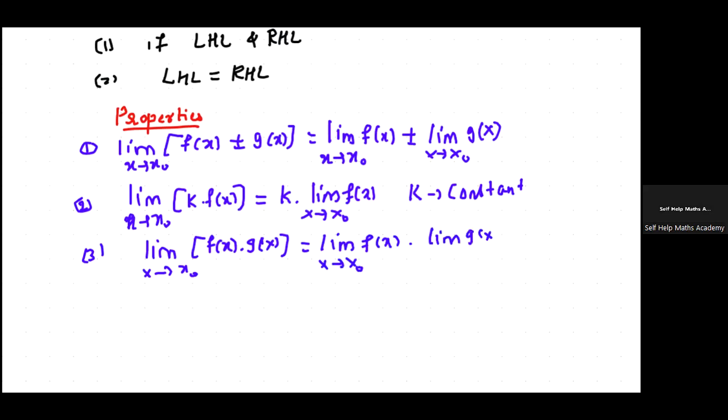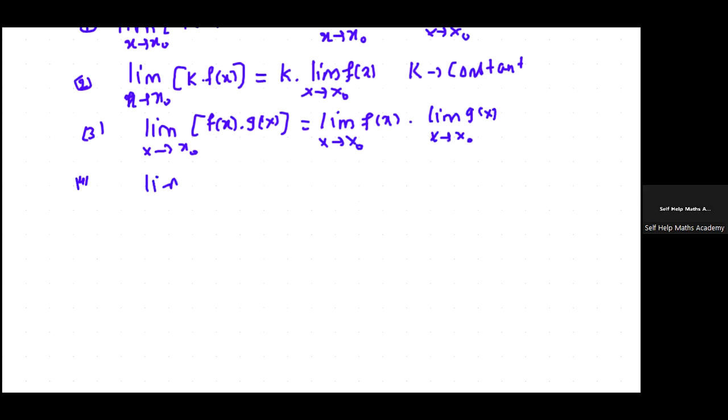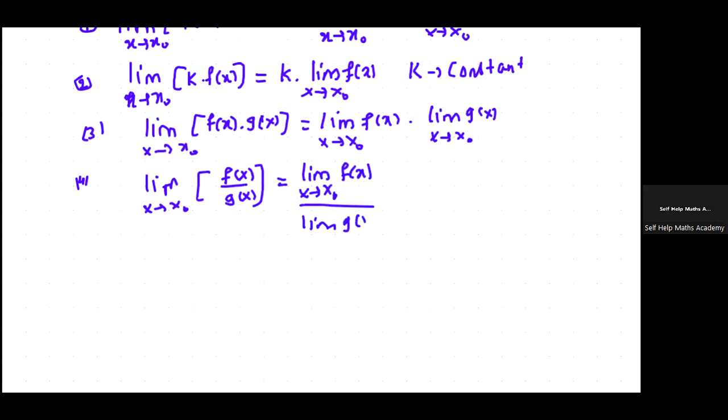And the fourth property says the limit of f of x divided by g of x as x is tending to x naught will be equal to the limit of f of x as x approaches x naught divided by the limit of g of x as x is approaching x naught.